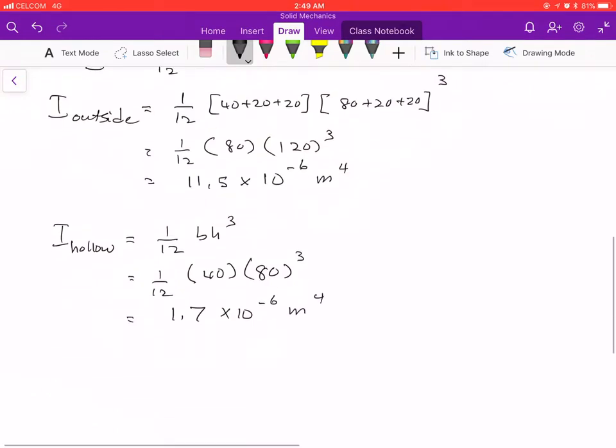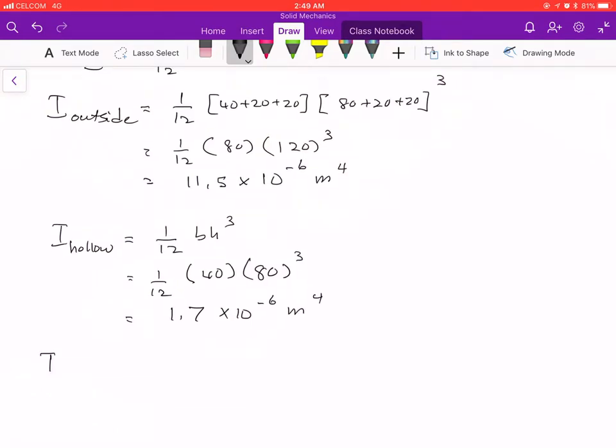And so my moment of inertia for that particular section is 11.5 times 10 to the minus 6 meter to the fourth minus 1.7 times 10 to the minus 6.